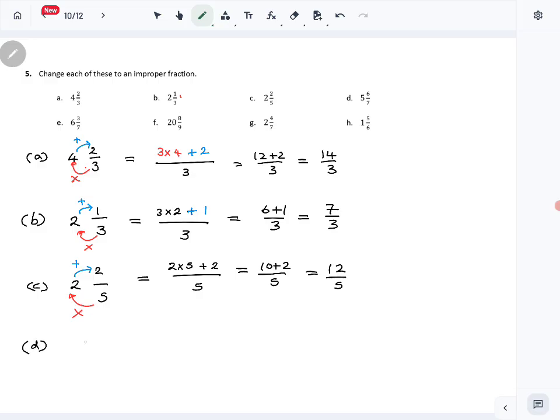Next one, 5 and 6/7. So first I need to do what? Multiply these two, right? 7 into 5. Then to that I add the numerator value, which is 6, over the same denominator 7.